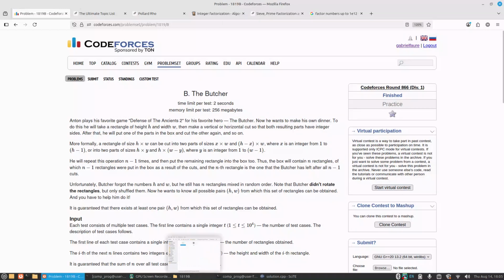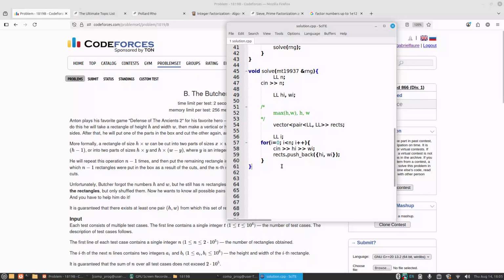So, yeah, we just start from the smallest. Start from the smallest both ways and consider all things we can build up.